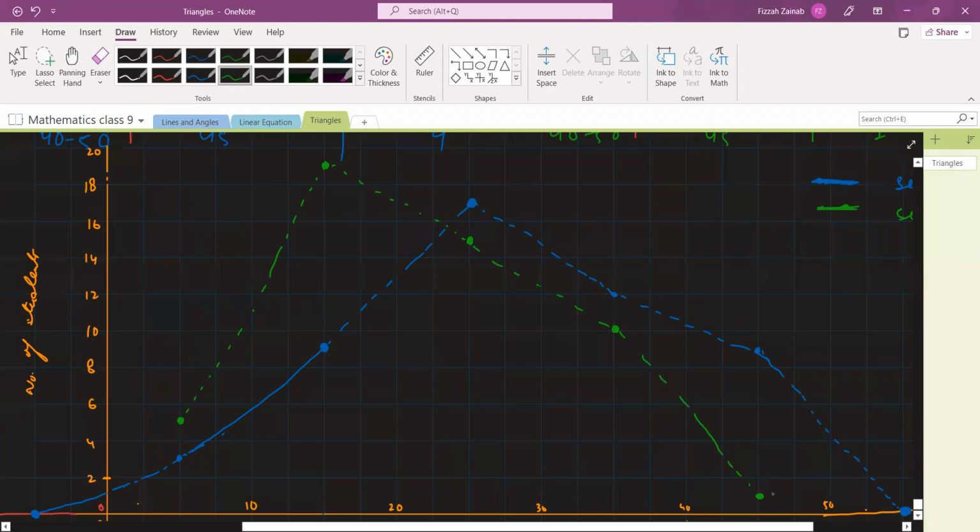And the same thing, next imaginary interval from 50 to 60, whose midpoint we have already marked. So you join it here, right? And similarly here you have to join it. Please use straight lines like this.